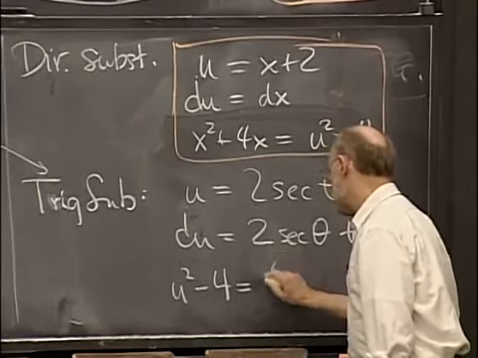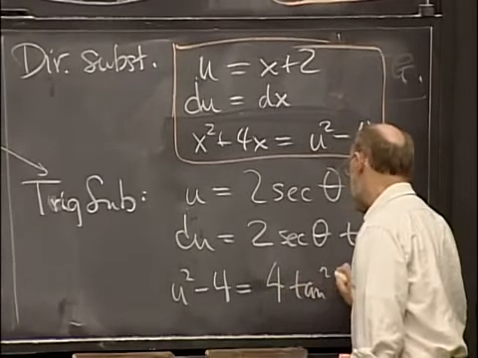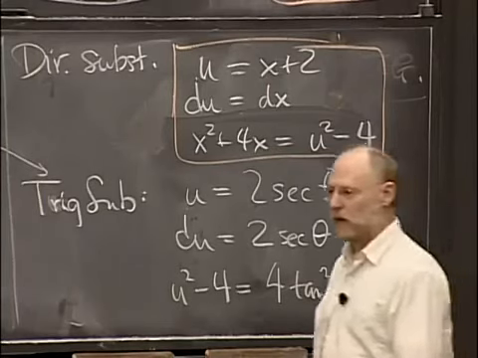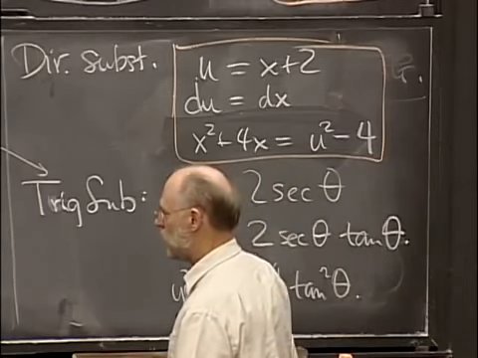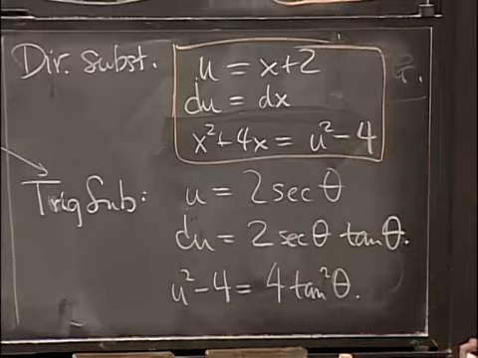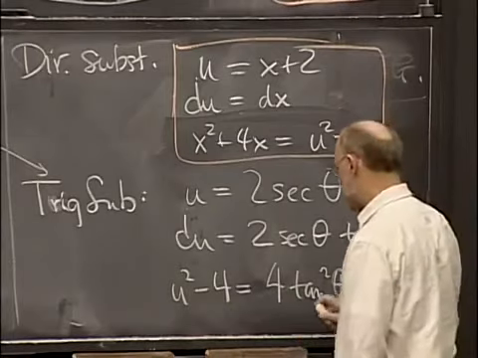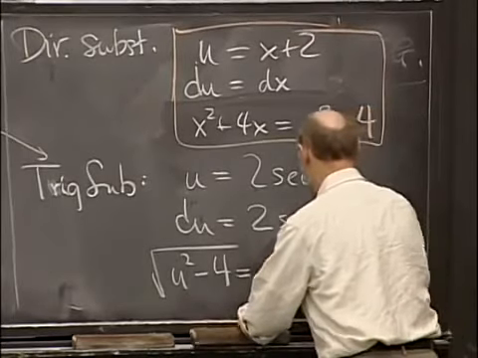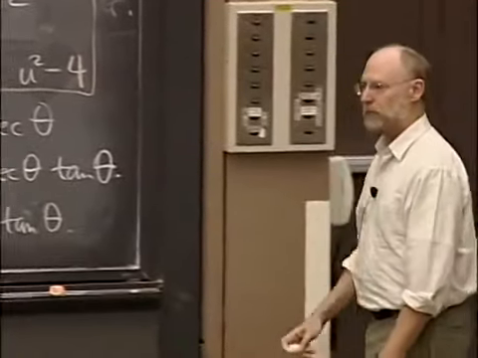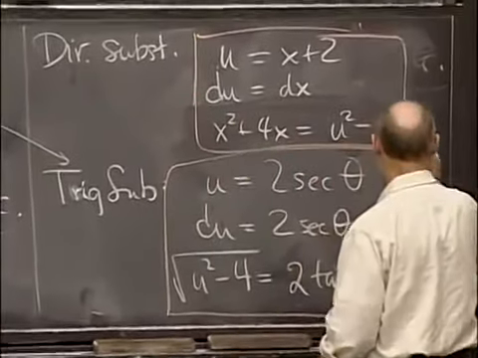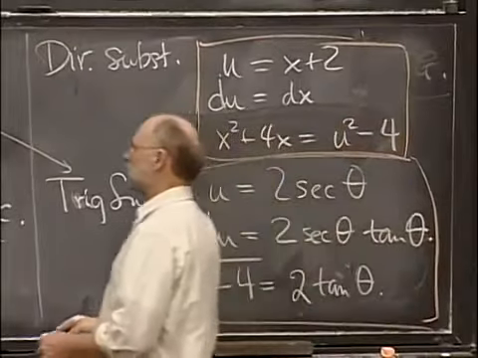So this is 4 times the tangent squared of theta. But I squared it. And now I'll square root it, and I'll get a 2, and this tangent will go away. So there's my data box for this substitution. And let's go on to another board.